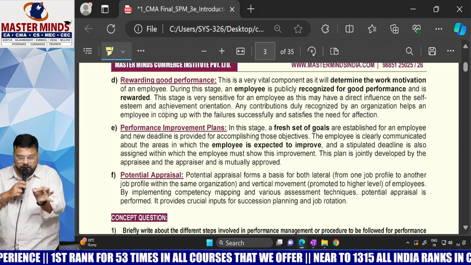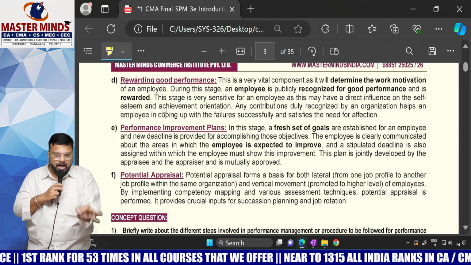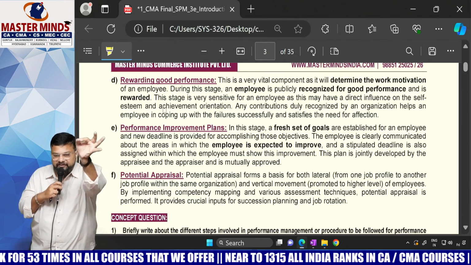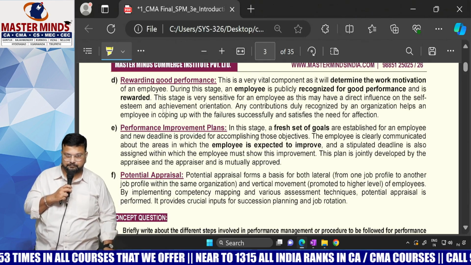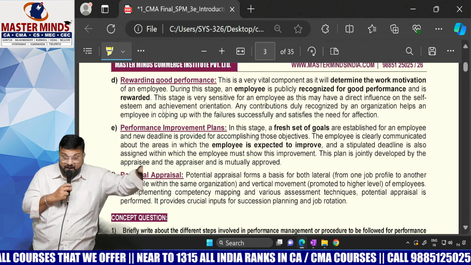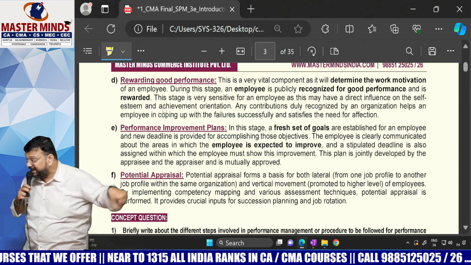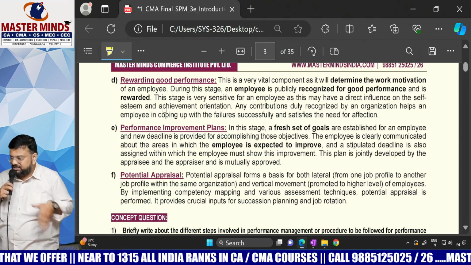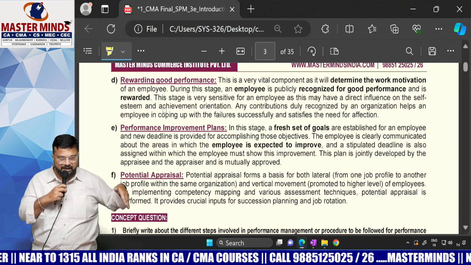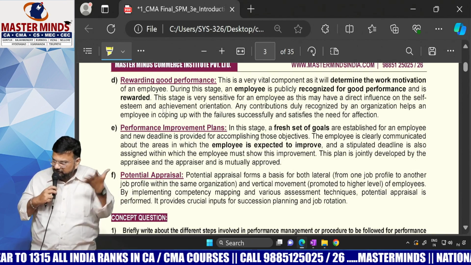So you will be performing these jobs, and you will be leading a team, and you will be reporting to Chief Financial Officer. You will be working with heads of other departments. This is lateral. Am I clear? I am in finance department.